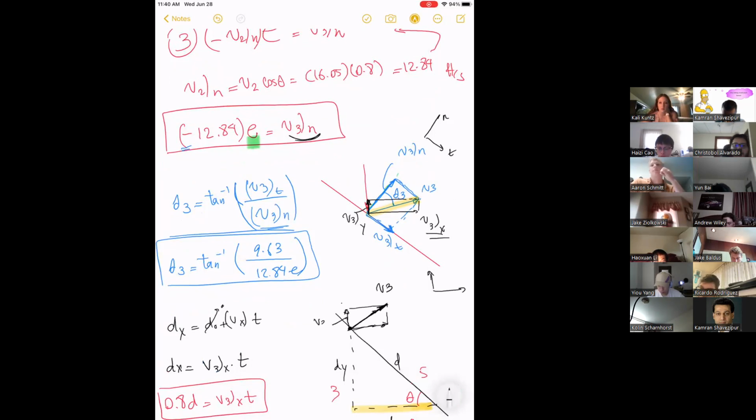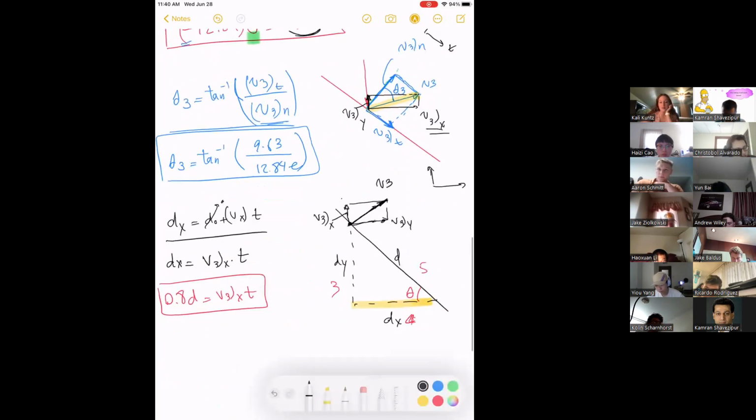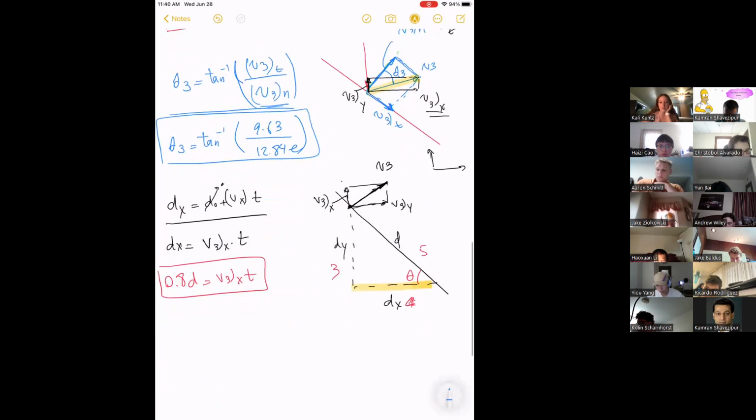This is going to be v3x. It's going to be v3y. And if I write the equations in x direction, this is what I have. In y direction, I get dy is v3y t minus g by 2 t squared, right? These are equations for projectile motion.